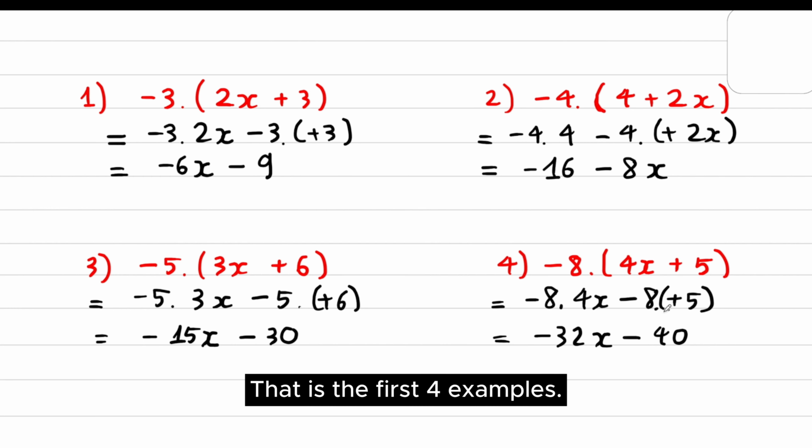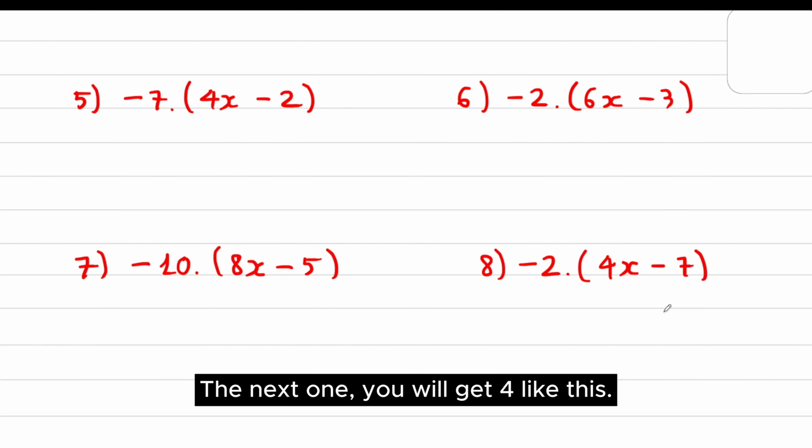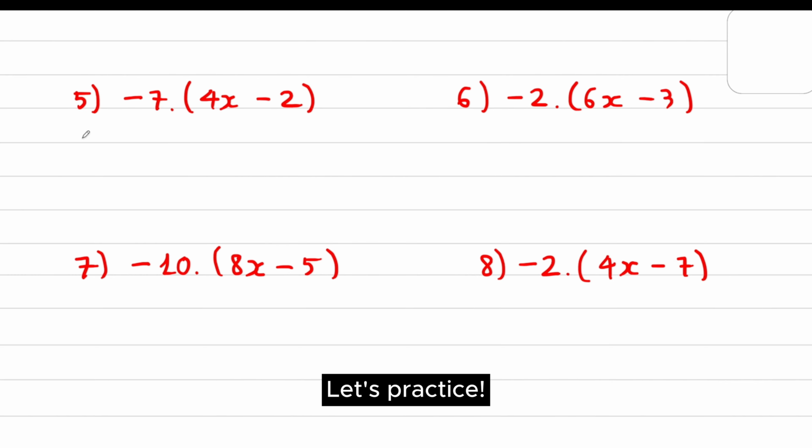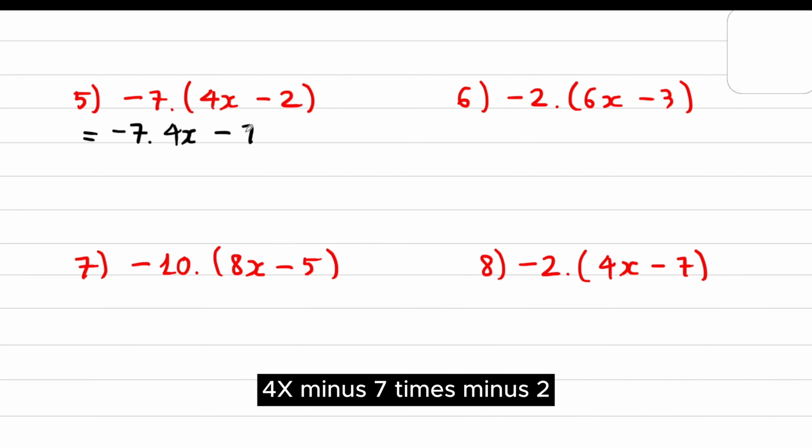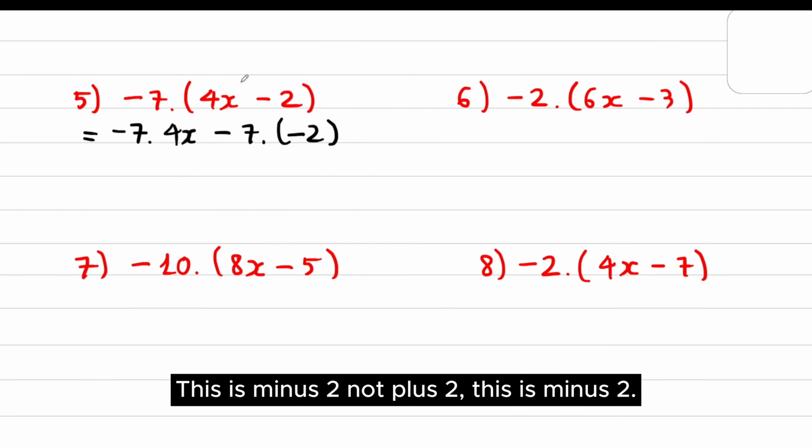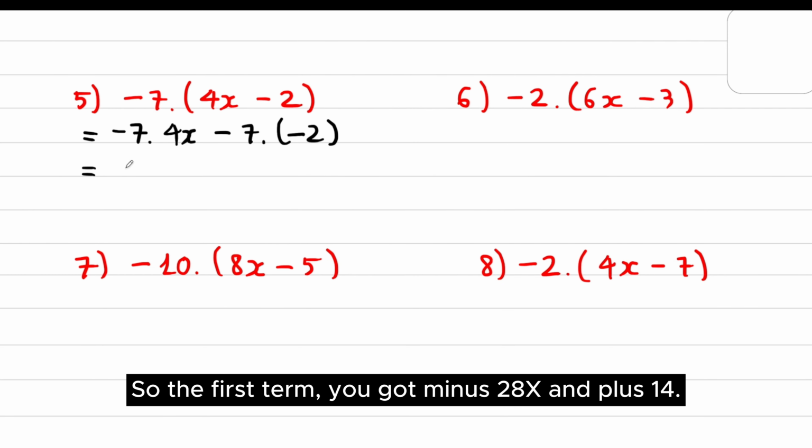Okay, that is the first 4 examples. Hope you can do the next ones by yourself. Okay, so let's practice. -7 times 4x and -2. This is -2, not plus 2. So the first term you get -28x and plus 14.